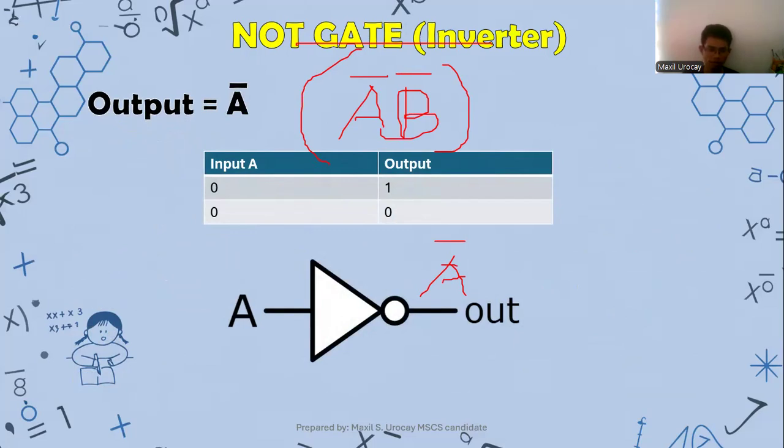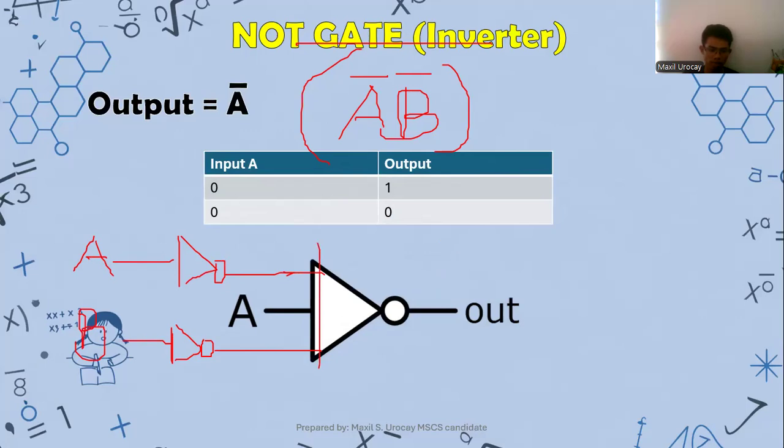Let me erase this first. What's going to happen right now? We'll perform the negation of A and B, so it will become like this, with a circle. That's actually the negated AB.